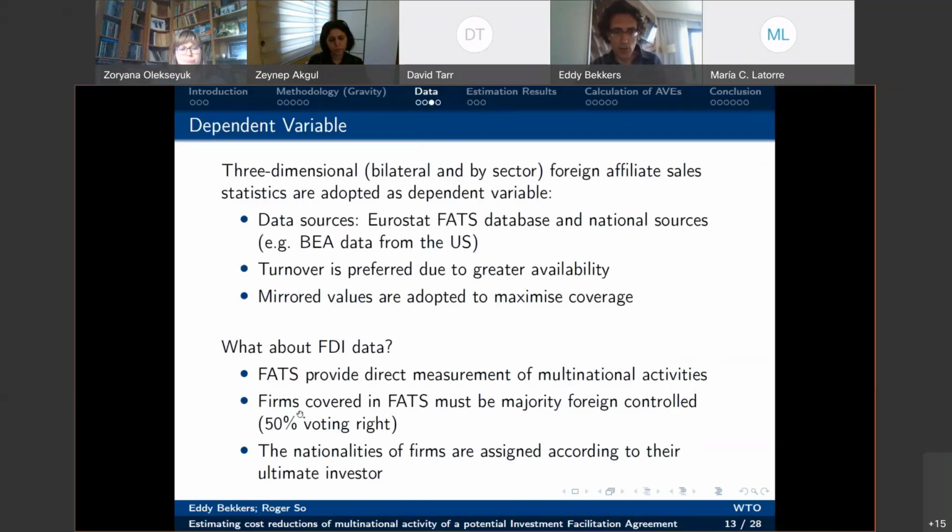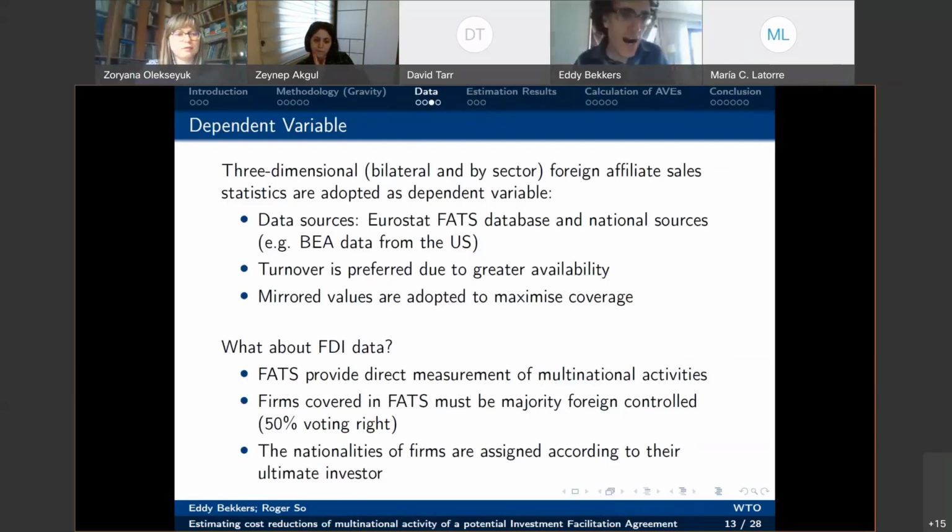So then I think Steen also mentioned this. The advantage with FEAS data is that we have this nationality of firms assigned to an ultimate investor, and also that we work with 50% voting rights. That is the cap. I can already tell up front, you might ask, why haven't you done this with FDI?